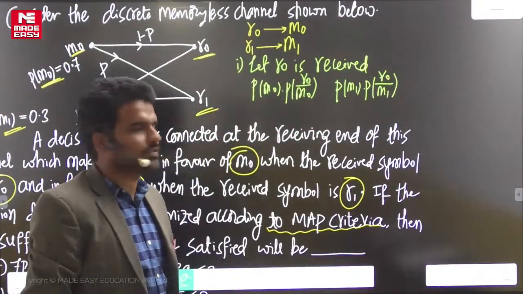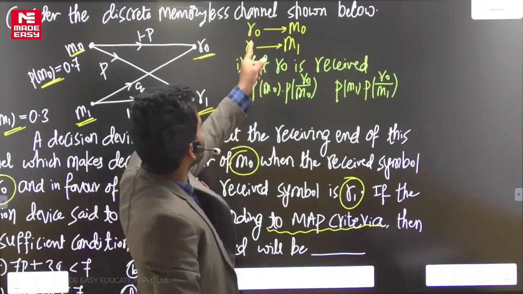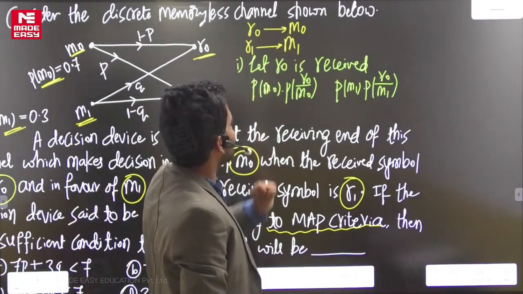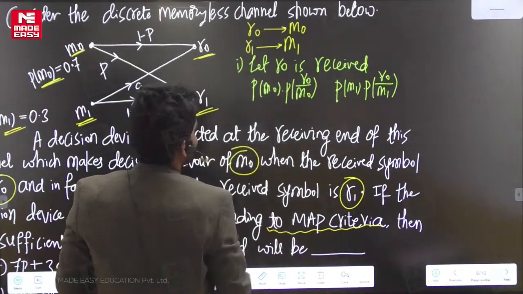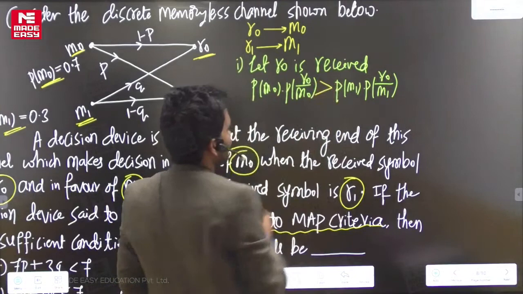Here the requirement is that R0 should be decoded as M0. So for R0 to be decoded as M0, P(M0)P(R0|M0) should be greater than P(M1)P(R0|M1).